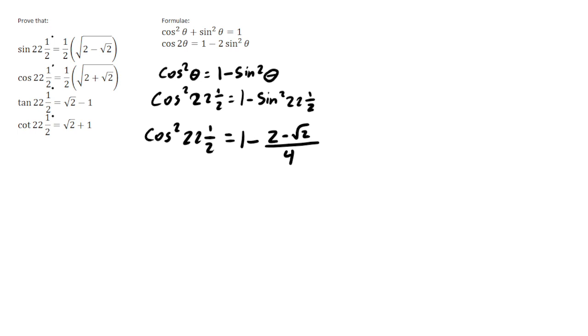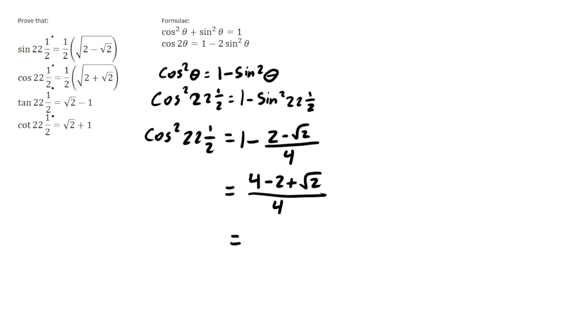What we can do is distribute the 1 throughout the numerator and the denominator. So we'll get 4 minus 2 plus root 2. You may be wondering why plus? Well, it's because this minus is being distributed to this and this, right? So the negative root 2 will become positive root 2. And this is all over 4.